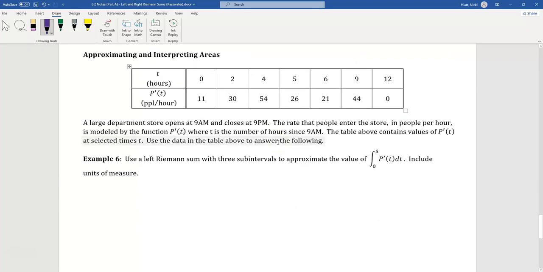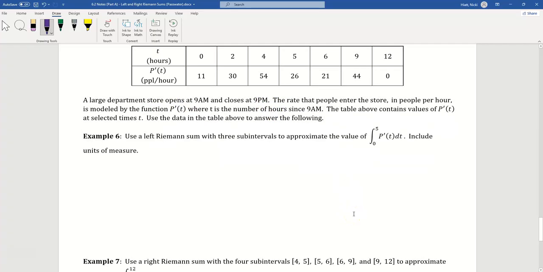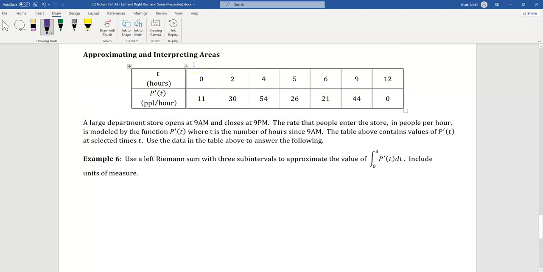Let's do one. Okay, we're going to do this one from a table. It's going to take us to the last second here, and then hopefully that'll at least be enough for us to calculate. We probably won't be able to interpret very much on the homework tonight. So if I want to make rectangles for this, then I need to think about whether I'm using a left Riemann sum or a right Riemann sum.